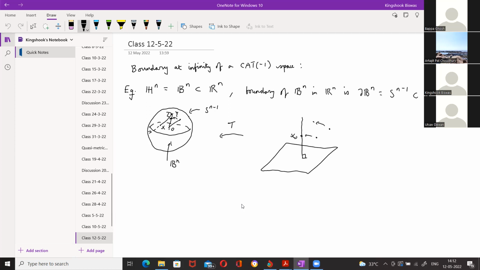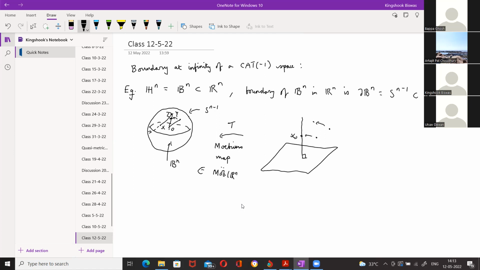So if I look at the inverse of this map T, this is actually what is called a Mobius map in n dimensions. That means it's given by a product of reflections in hyperplanes and inversions in spheres. So this belongs to what's called the Mobius group of R^n union infinity.